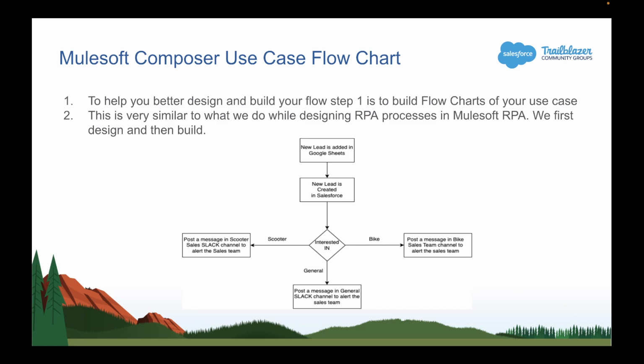Then, depending upon the customer interest, I would push a message to my Slack channel: either the sales team handling the bike, the sales team handling the scooter, or the sales team answering general inquiries. So this is how I designed it, and this helped me design my Composer flow.